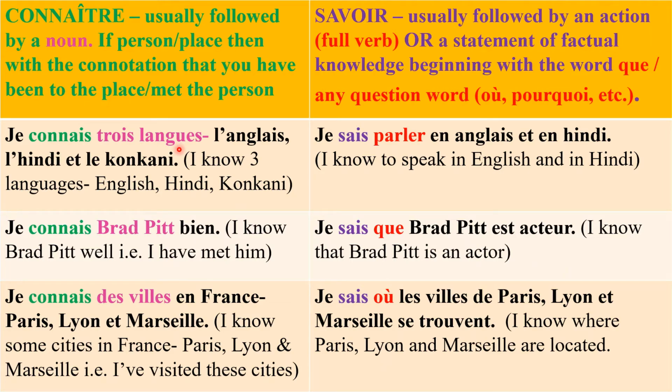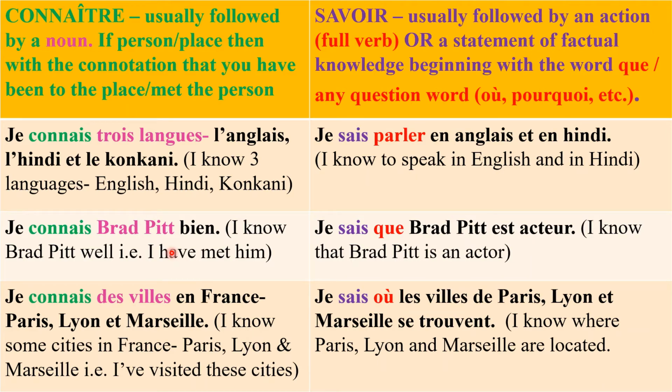Now let's talk about connaître with a person. Je connais Brad Pitt bien. Now, who's Brad Pitt? A famous actor. If you say je connais Brad Pitt bien, I know Brad Pitt well, it does not mean that you know that he is an actor or that he's acted in so and so films. It's nothing about factual knowledge about Brad Pitt when you use connaître.